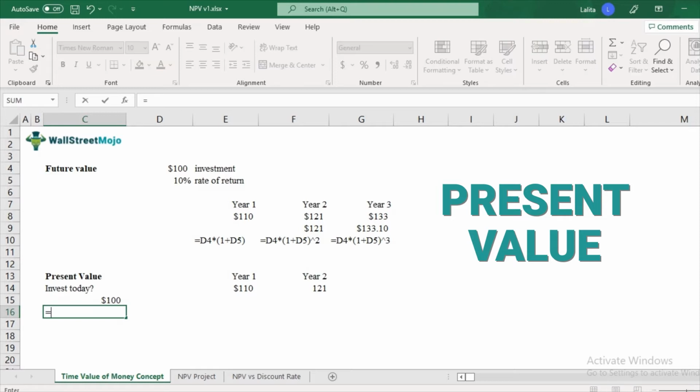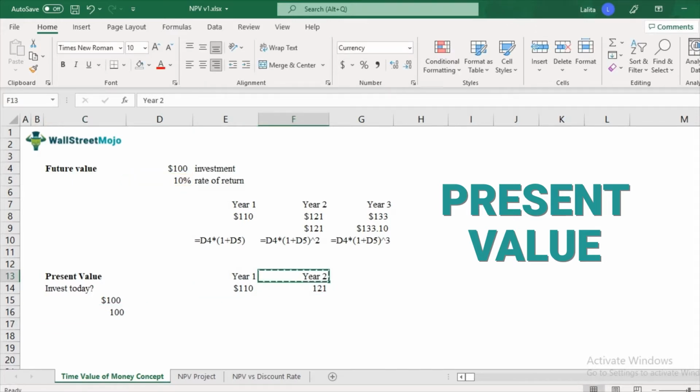The formula will be like this. You divide this value 121 divided by 1 plus 10%, and here you remember to the power of 2. Since this is at the end of 2 years, you need to divide this twice, right? So to the power of 2. So here you get $100 again.